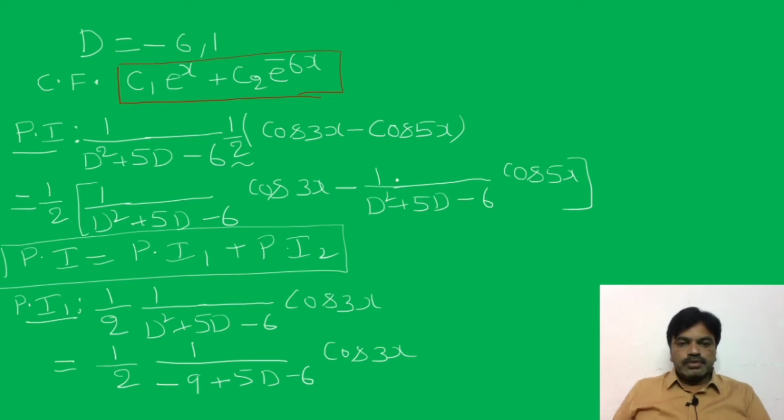Particular integral 2 is minus 1 by 2 into 1 by d square plus 5d minus 6 into cos 5x.